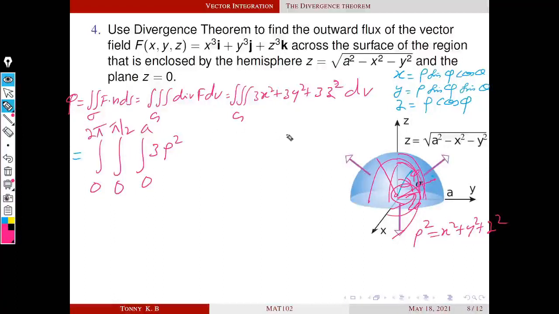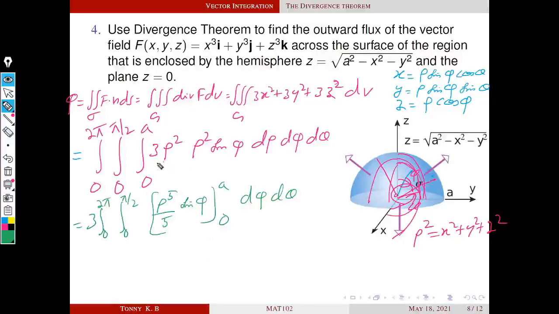In the case of spherical coordinates, our dv becomes rho square sine phi d rho d phi d theta. Sorry, this is not sine square, this is only sine. So rho square sine phi d rho d phi d theta is dv in spherical coordinates.